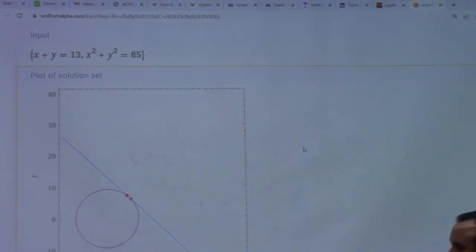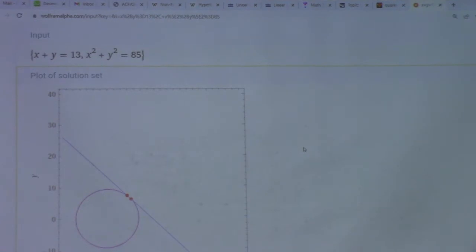It's x plus y equals 13, and x squared plus y squared equals 85.